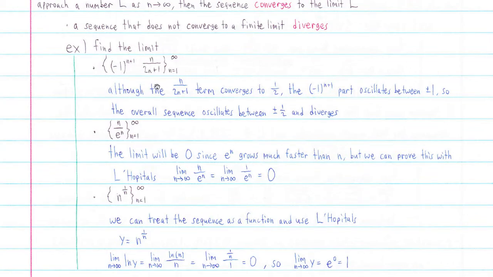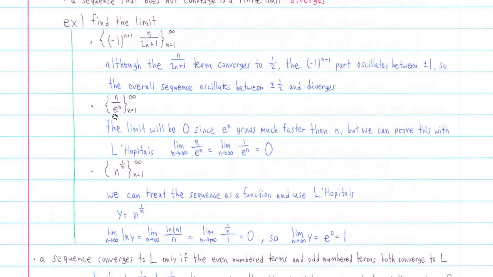So this part of the sequence converges, but this part oscillates between negative and positive 1. That means as n approaches infinity, the terms of the sequence will oscillate between positive and negative 1/2. So even though this part converges to 1/2, the overall sequence will diverge.